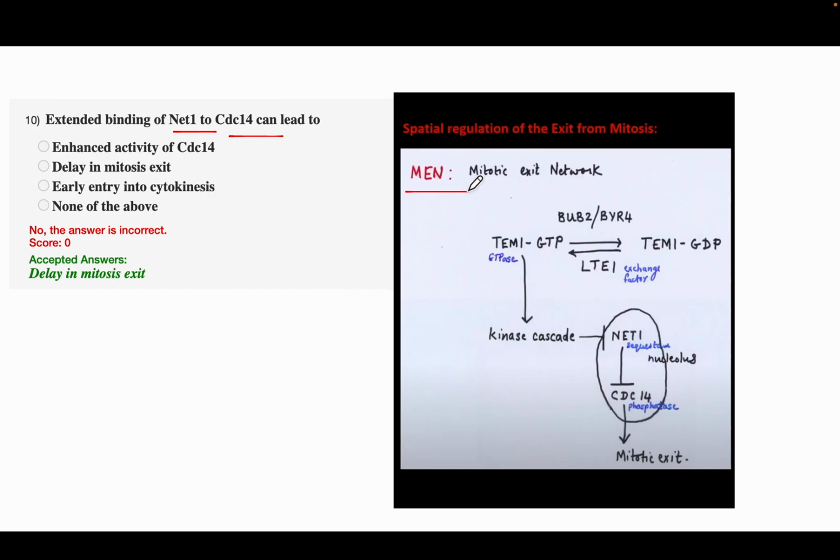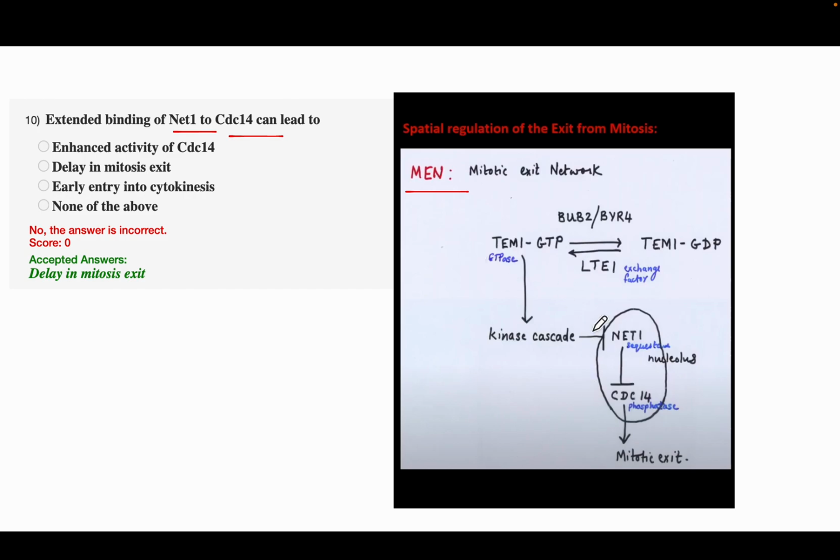the mitotic exit network, what happens is this protein TEM1 on GTP has GTPase activity. Under GTPase activity, it goes from TEM1-GTP to TEM1-GDP. And here some other proteins are associated.